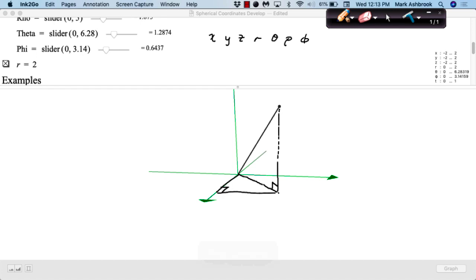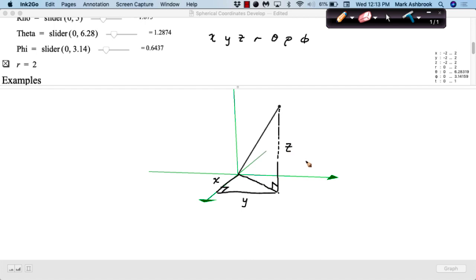Yeah, that's x. Okay, where is y? Where would y be? Coming across this way? All right, and then how about z? Where's z? This one here? What do you think?